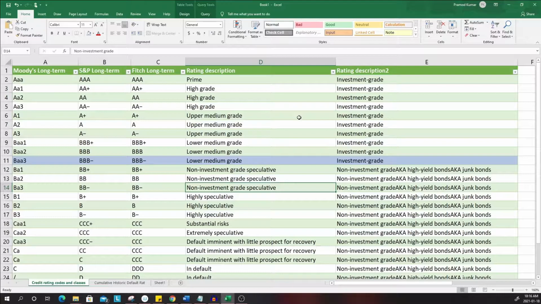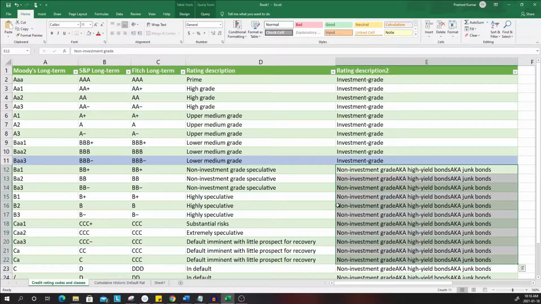If it's an investment grade, as an investor, if we want to buy this bond and we know it's an investment grade, we know the chances of default by the issuer of this security are less. On the non-investment grade, the chances are a little bit higher.